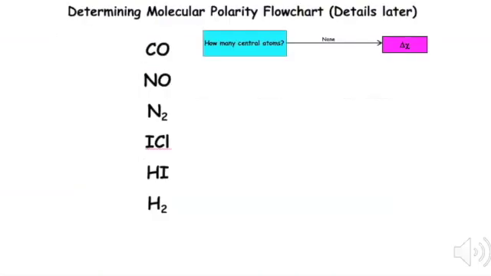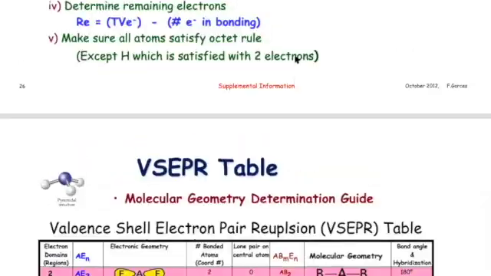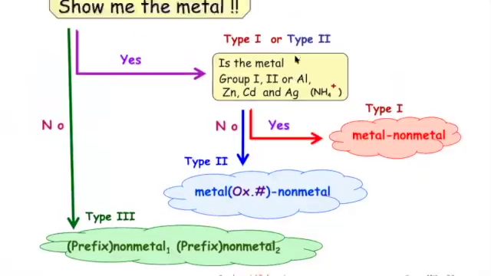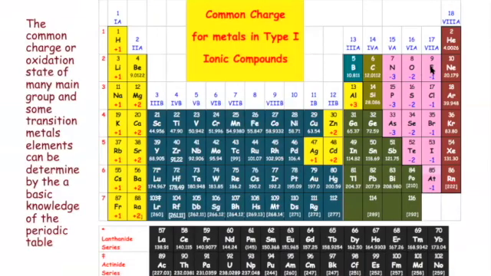Okay, so when you have chemicals like this, CO, is that polar or non-polar? Well, you know that the electronegativity of the element based on the periodic table is greatest on fluorine.